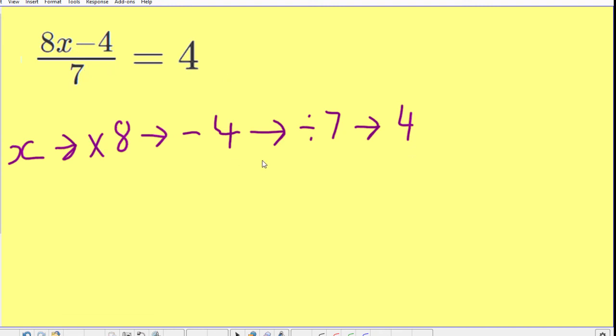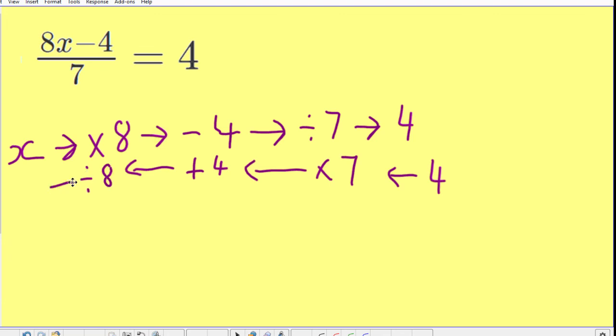Like going back the other way, starting with 4, I'm multiplying by 7. Then I'm going to add 4. And then I'm going to divide by 8. Okay, see what that gives us.